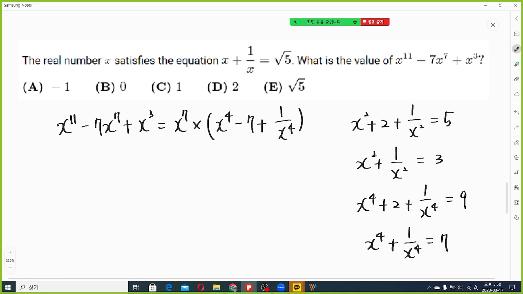So if the sum of the first power is 7, this parenthesis becomes 0.